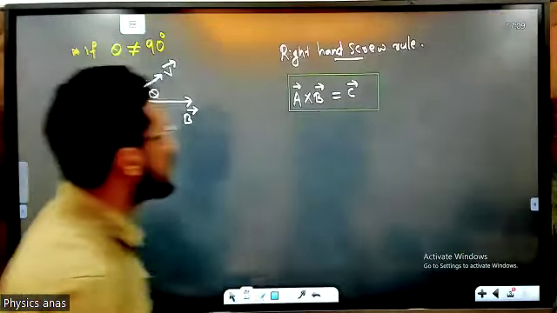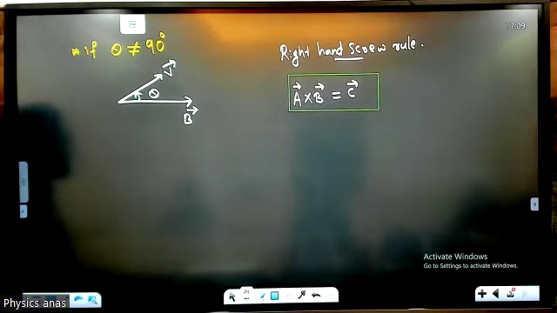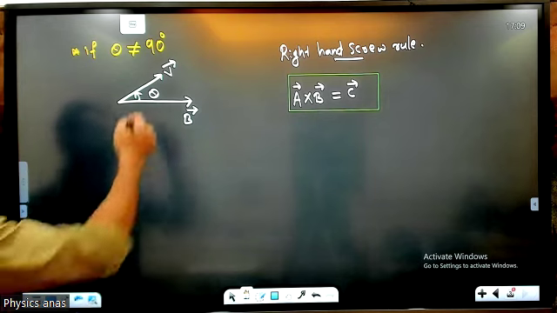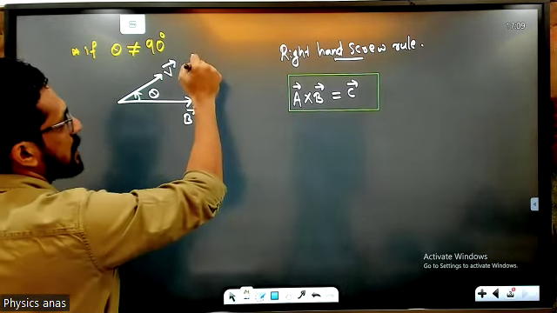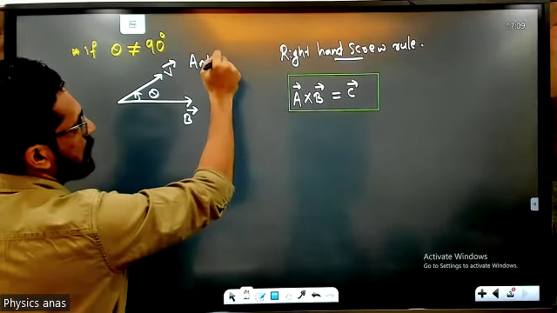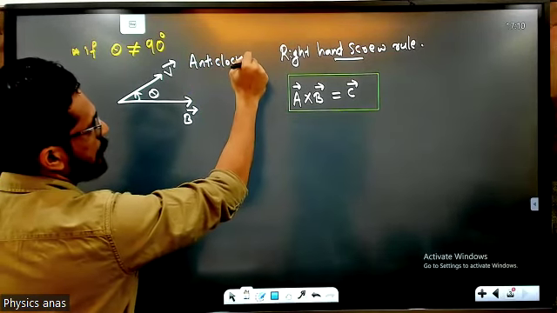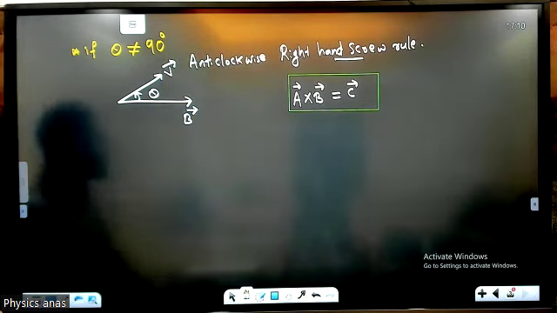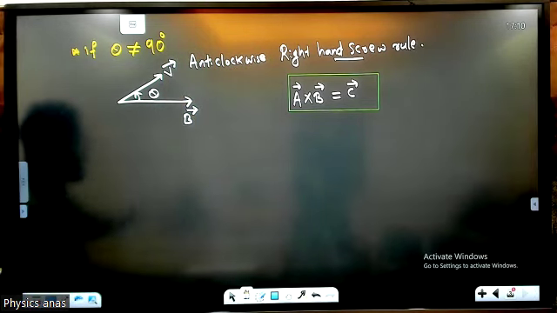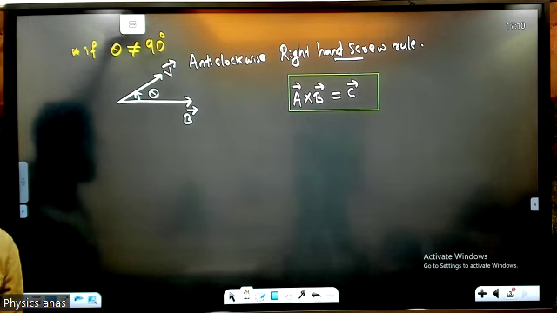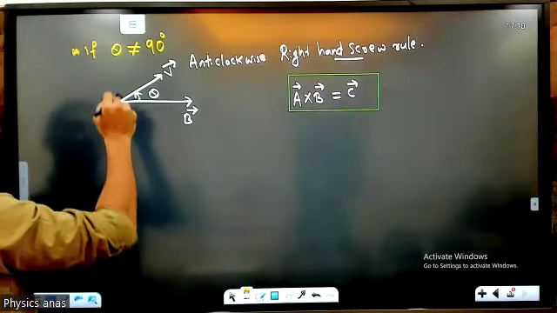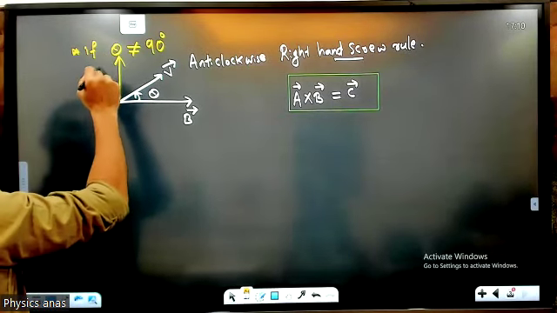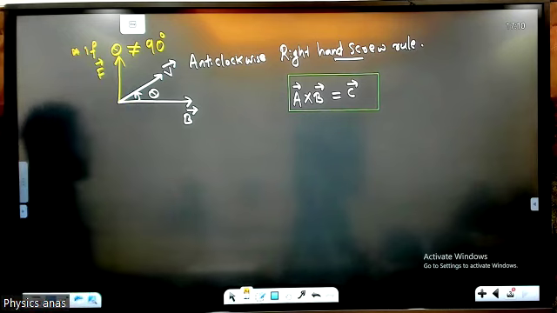Okay, so if there is an angle between V and B, the force will be perpendicular to both V and B. And if we are measuring the angle in anti-clockwise, then the force will be acting outwards. The force direction will be like this.